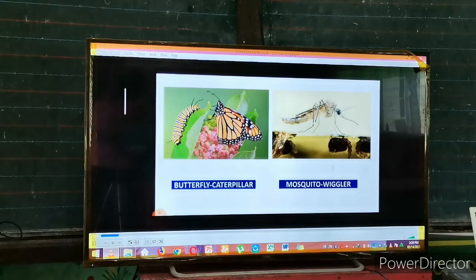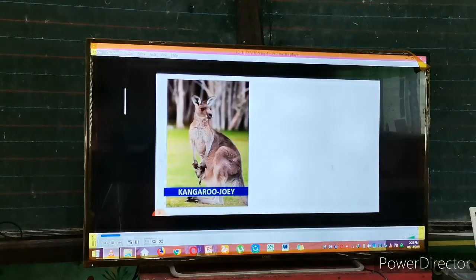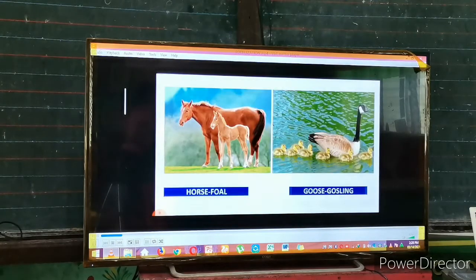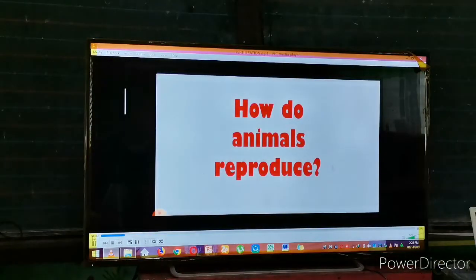We also have mosquito with its wiggler, kangaroo with its joey, frog with its tadpoles, horse and its foal, and goose with its goslings. Question: how do animals reproduce?